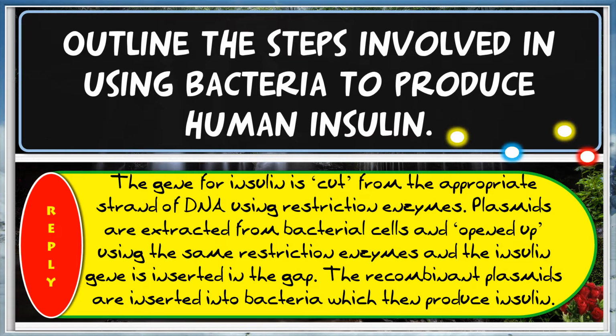Plasmids are extracted from bacterial cells and opened up using the same restriction enzymes, and the insulin gene is inserted in the gap. The recombinant plasmids are inserted into bacteria, which then produce insulin.